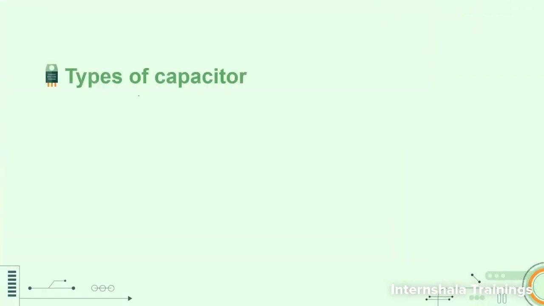So now let me show you the different types of capacitors which are available in market, and I'm not listing all the different types of capacitor which are available. Out of all the available capacitors, I'm just going to list only those capacitors which are very frequently used. Okay, so the first one is ceramic capacitor. This capacitor is very frequently used when we design the circuit or when we design the hardware.